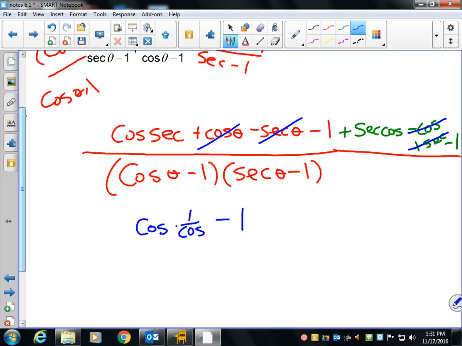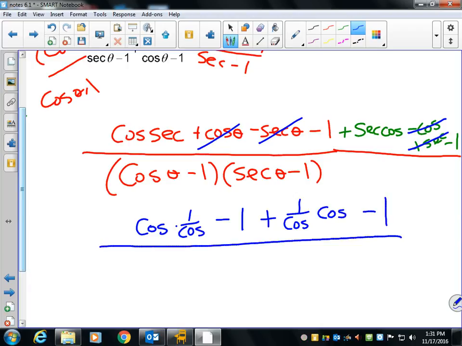Minus 1 plus secant, which is 1 over cos, times cos minus 1, all over cos theta minus 1 times secant theta minus 1.